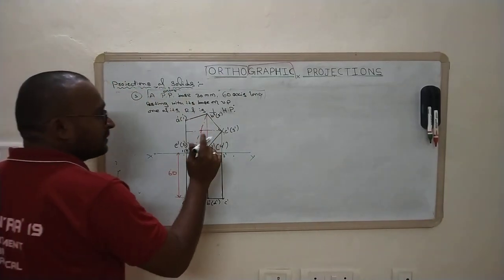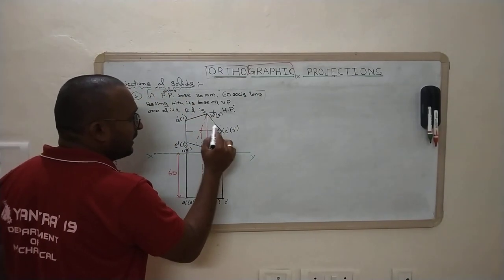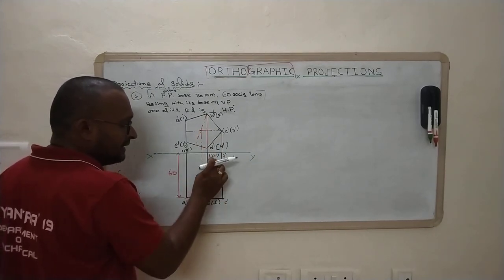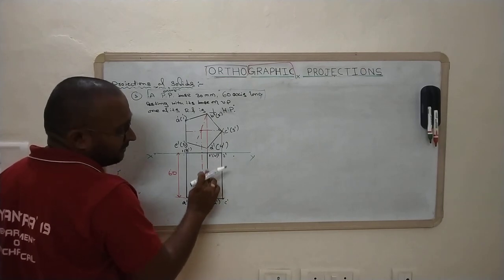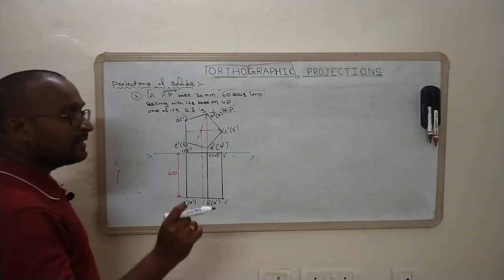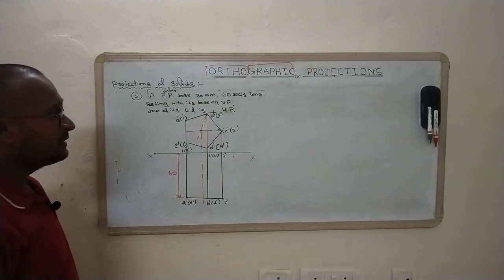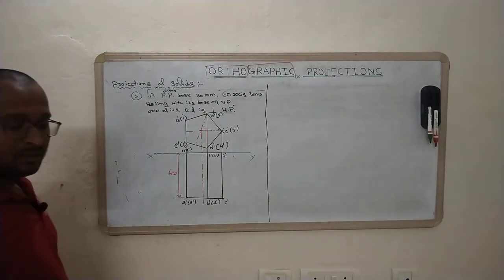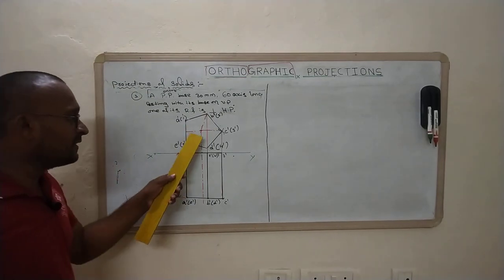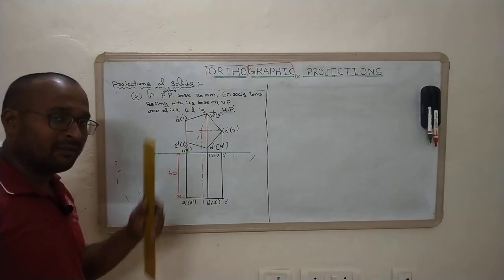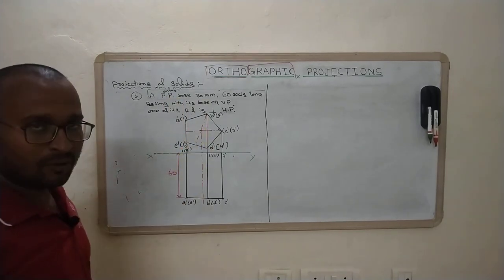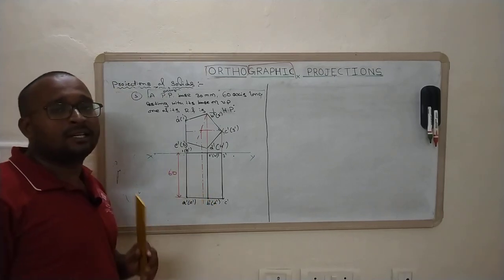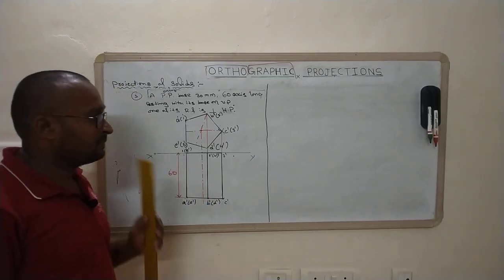You can observe that the angle is more here and lesser here, so this surface will be huge, and this triangular surface will be a little smaller. So this is one problem. When it is resting with its base on VP, we should start with the front view. When it is resting with its base on HP, we should start with the top view. Please remember that.